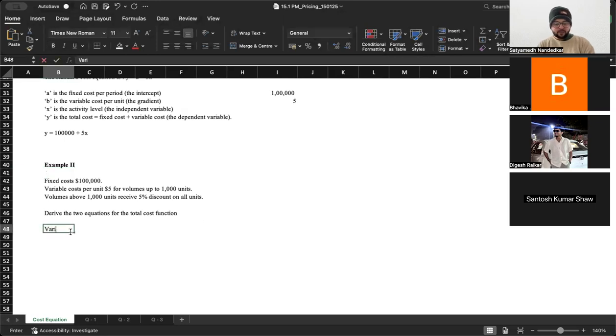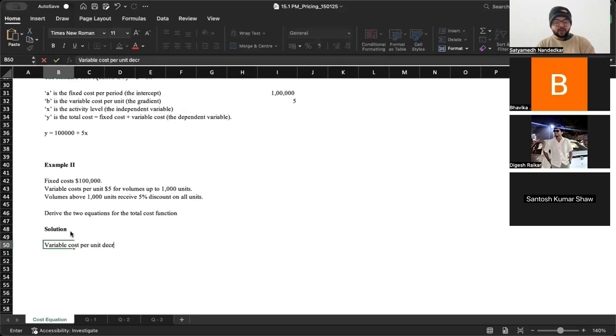So variable cost per unit increases, nahi, sorry, decreases.